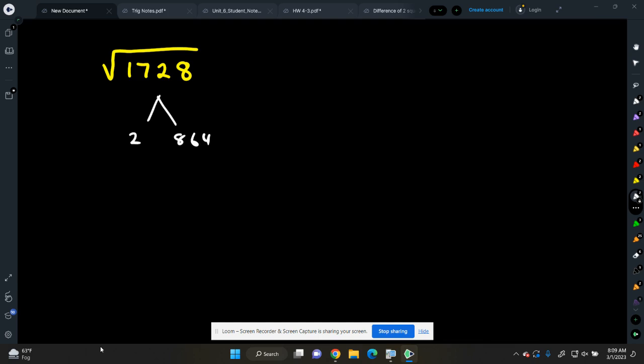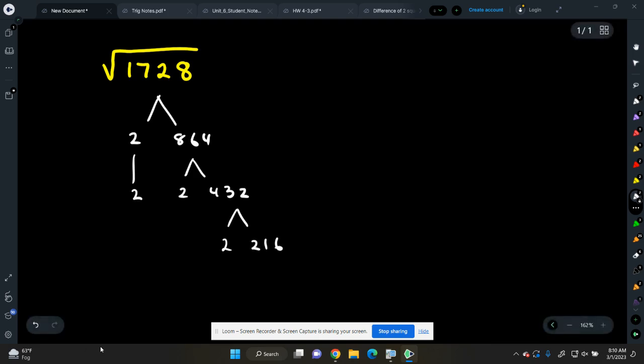Okay. So 864 is also even. So if I divide that by 2, I get 2 times 432. Don't forget, keep bringing your other numbers down, right? We're making a factor tree. 432, we're going to divide that by 2. So 2 times 216.